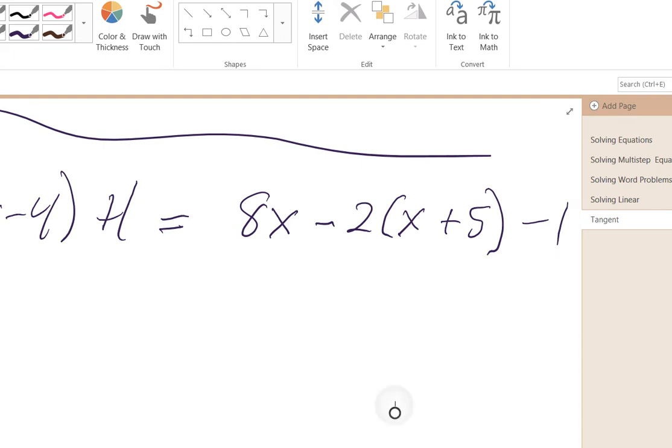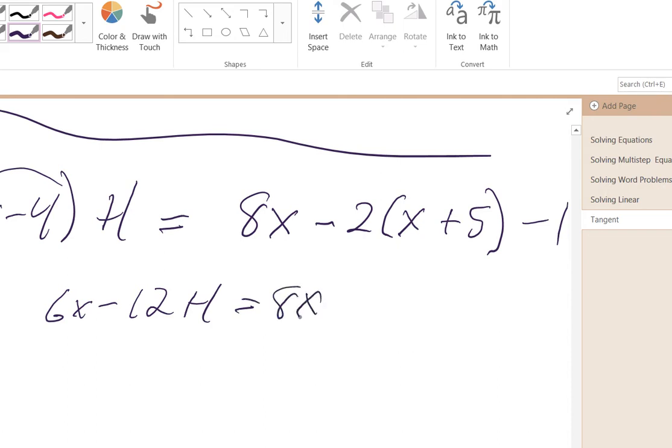Okay, let's try this one out. What should we do first? Distribute that. So we're going to get 6x minus 12 plus 1 equals 8x. What are we going to get here? Minus 2x minus 10 minus 1.